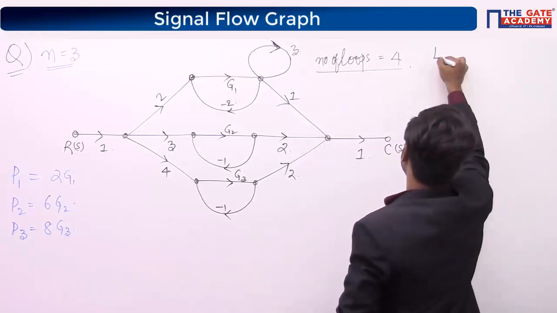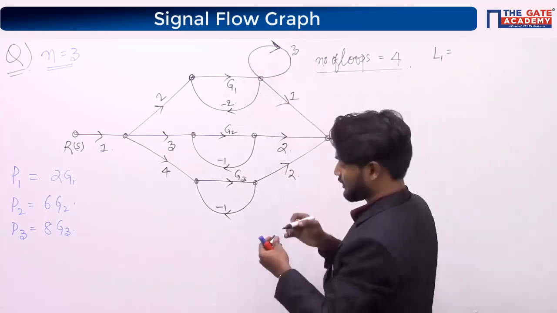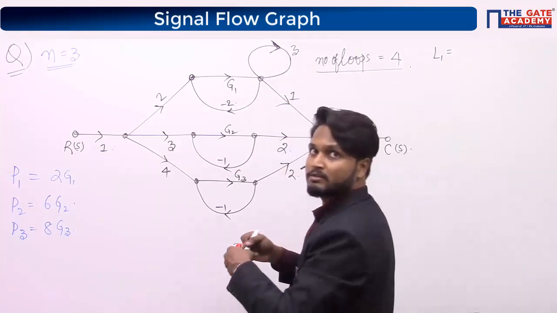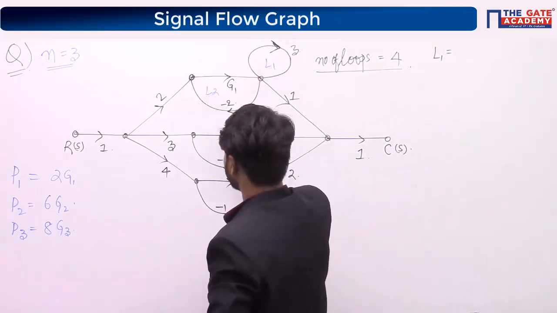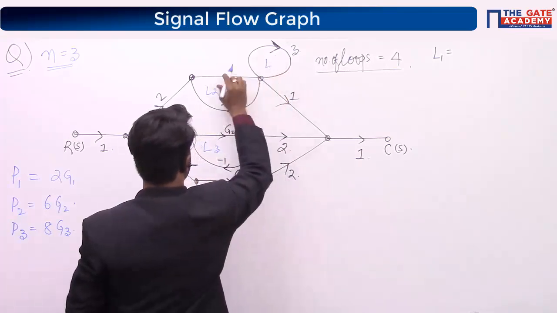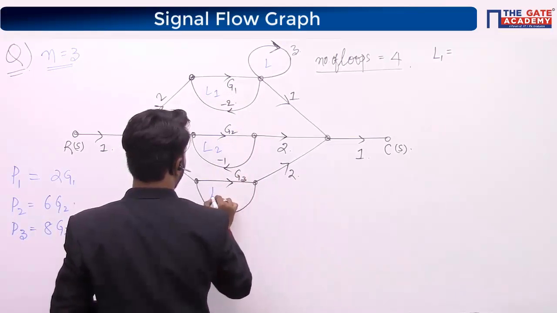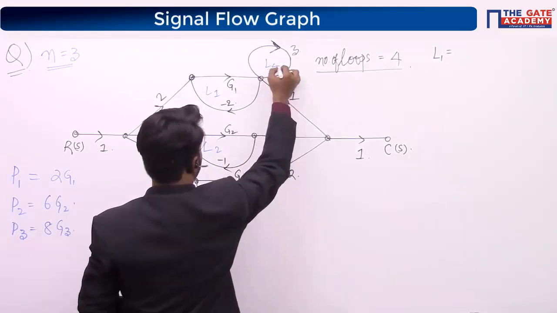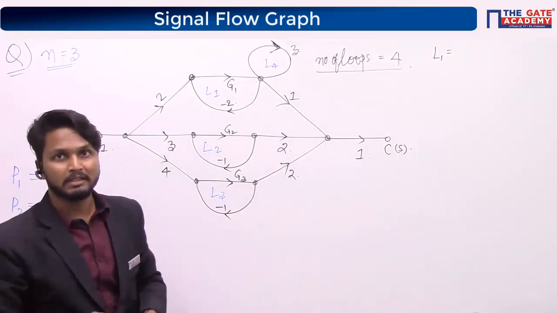Let us call them L1, L2, L3, L4. We have 4 loops like this.